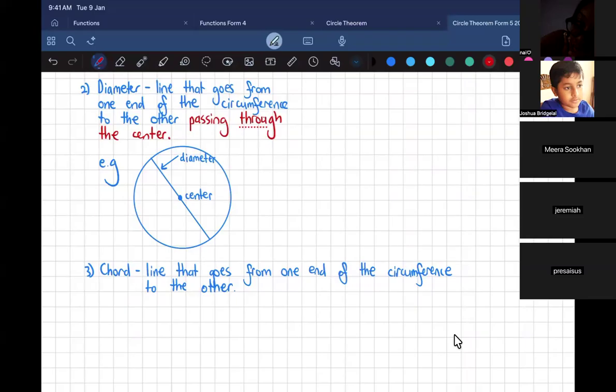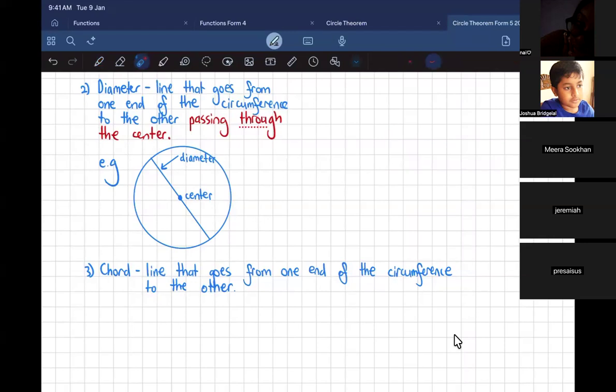What prevents a chord from being a diameter? The center. Yes, that's correct.